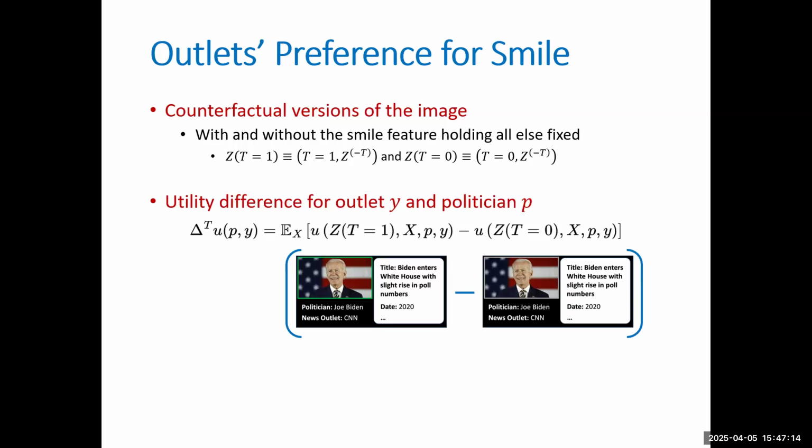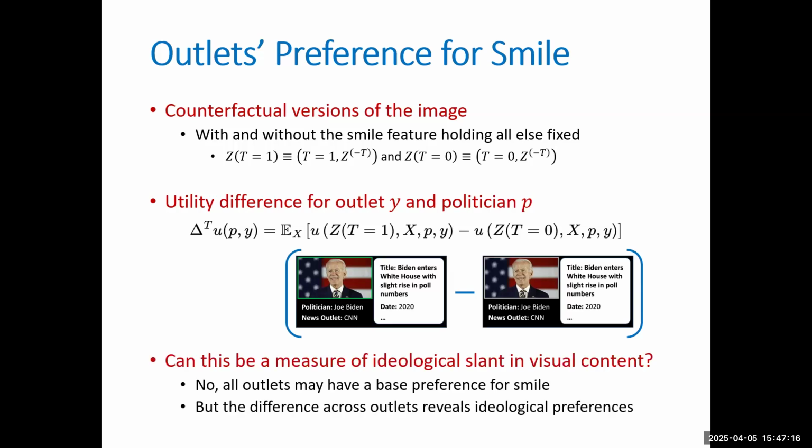The answer is no, because maybe all outlets have some baseline preference for using a smiley version of the image. Smiley images are more engaging. That might be part of their preference. But the extent to which one outlet prefers a smile versus another outlet gives us some sense about how polarizing the choice of this feature is.